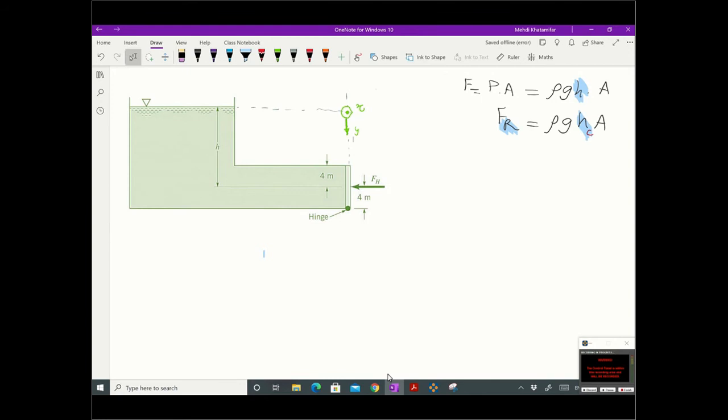Okay, now you find y. It's at the center, and this is lower, and then lower the bar.